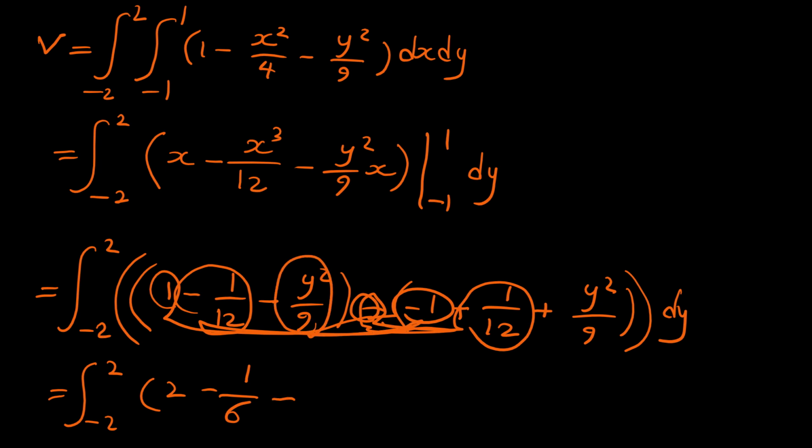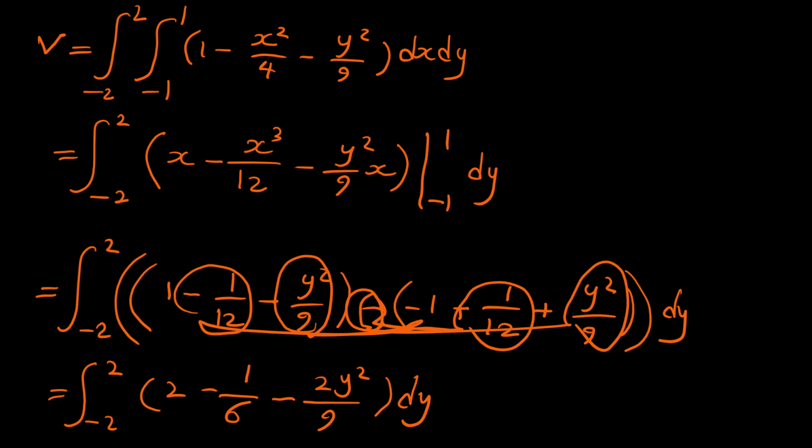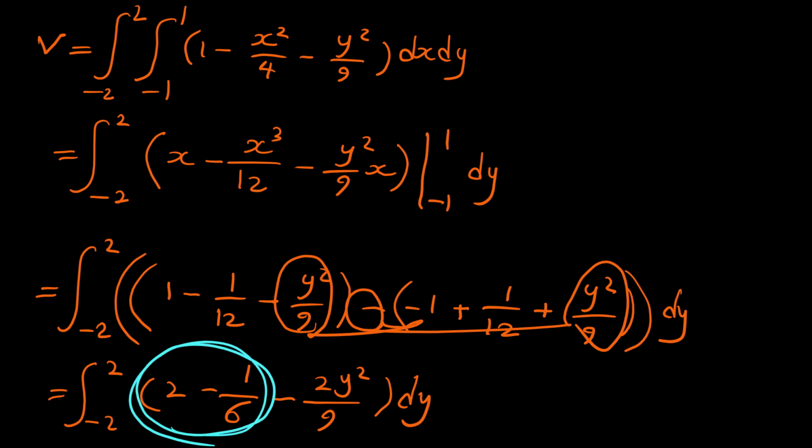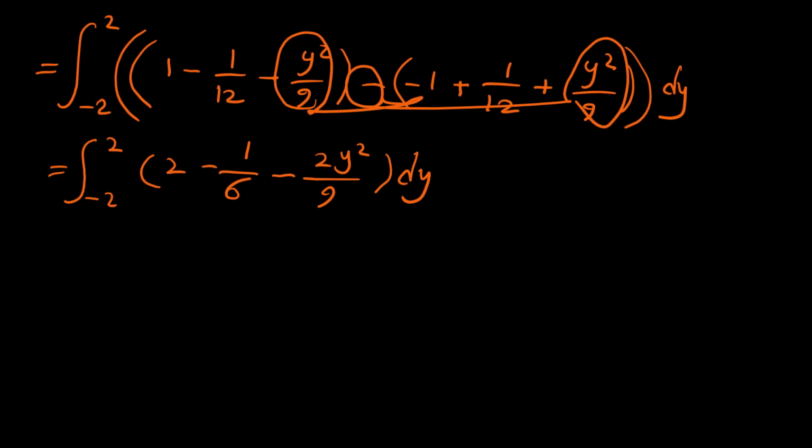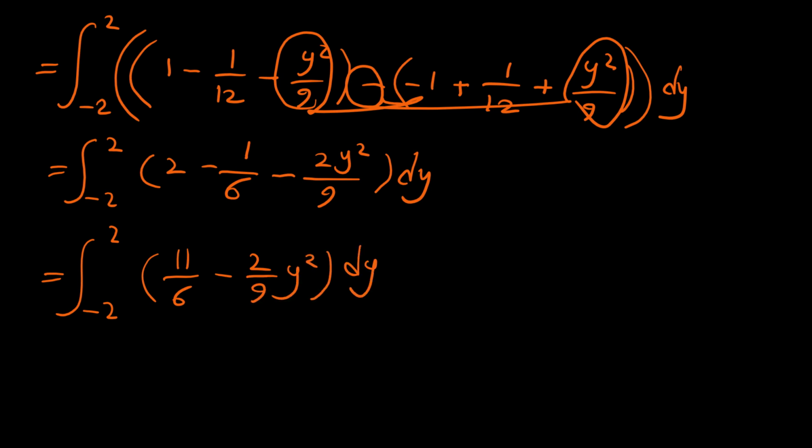Minus y to the 2 over 9 minus y to the 2 over 9 is minus 2y to the 2 over 9 dy. Now if we simplify, 2 minus 1 over 6 is 11 over 6. So this equals the integral from -2 to 2 of 11 over 6 minus 2 over 9 y squared dy.